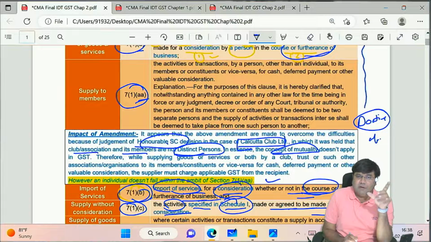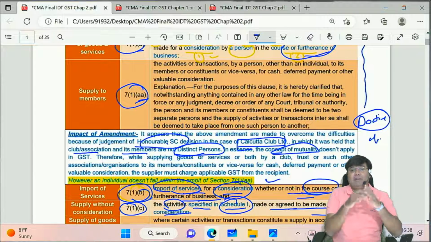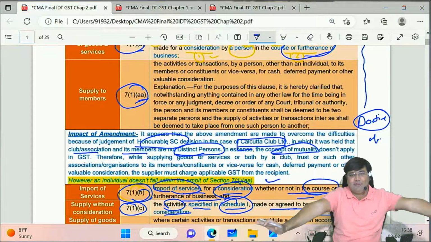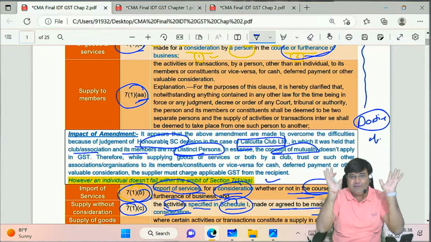I already explained to you what a distinct person is. So club selling a 50 rupees item, 50 rupees lady finger, to A is not a supply because they are not distinct persons. Without members there is no existence of the club, the Supreme Court basically said. So the club is not a distinct person.